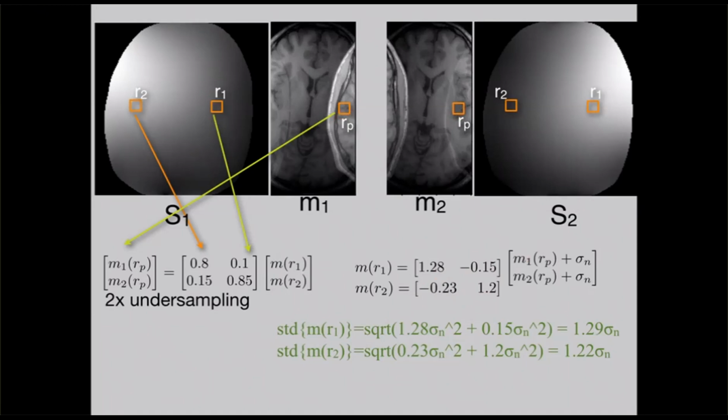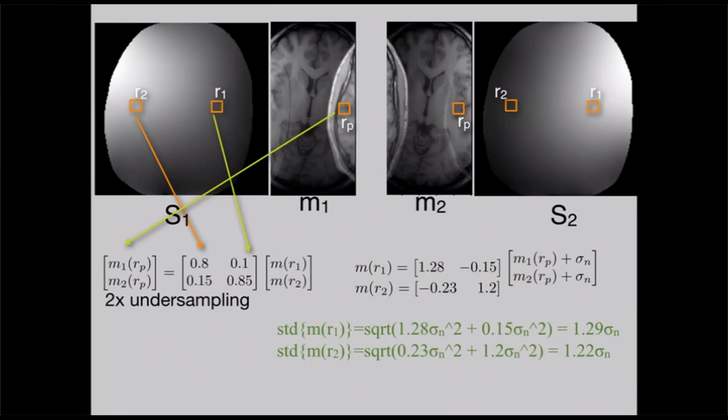See, M1 at RP and M2 at RP. And so in order to get M, the original pixel at R1, I will need to take M1 at RP and multiply by 1.28, M2 at RP multiplied by 0.15, and then add them together to get the value of the unfolded pixel at R1.